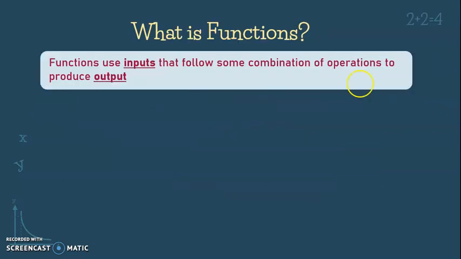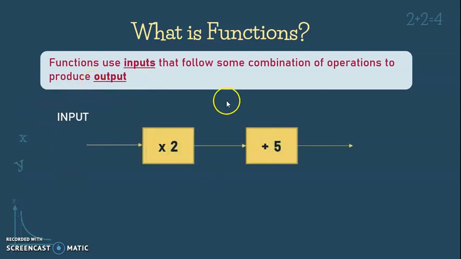So what is functions? Functions use inputs that follow some combination of operation to produce output. So what is it actually? So for example, we have input, and this is the combination of operation. We have multiply 2 and also adding 5, and then this is the output.